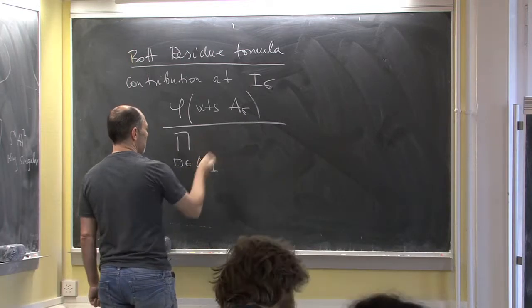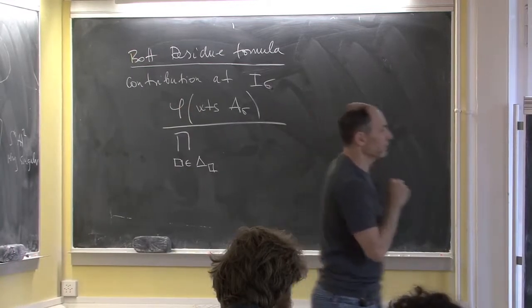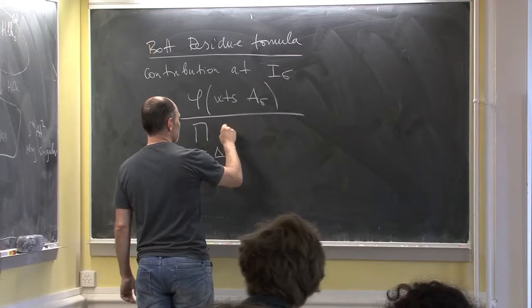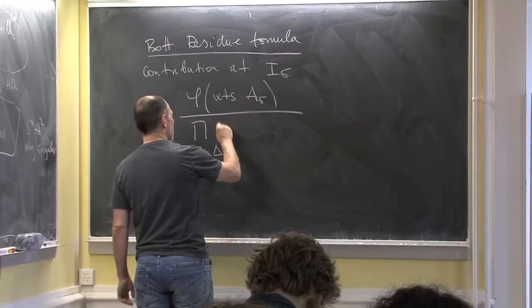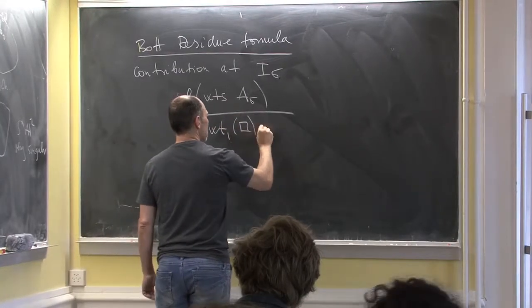And then you have the product of the two weights, so weight 1 times weight 2.